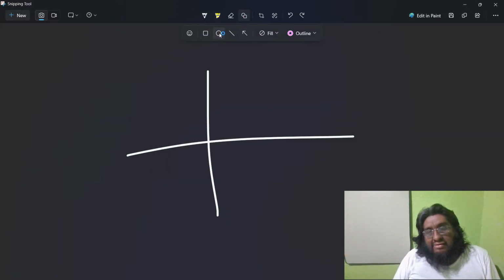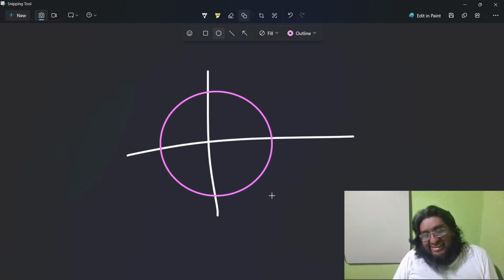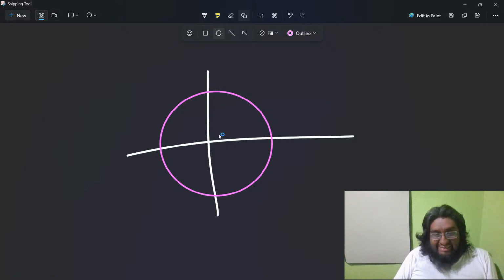Get acquainted a little bit. This is the Cartesian plane. But then, how to familiarize ourselves with this geometric figure, this geometric object, and see what's going on.